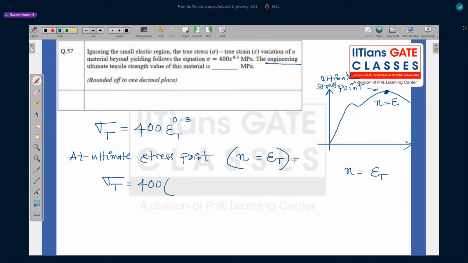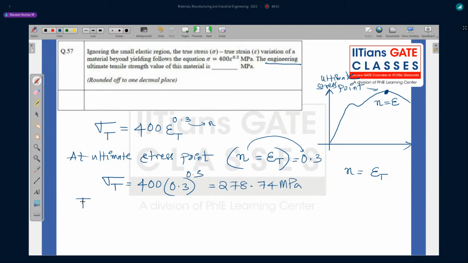See here, the value of n is 0.3, so 0.3 to the power of 0.3, because n is 0.3 here. So simply calculate the value, you'll get it as 278.74 megapascal.